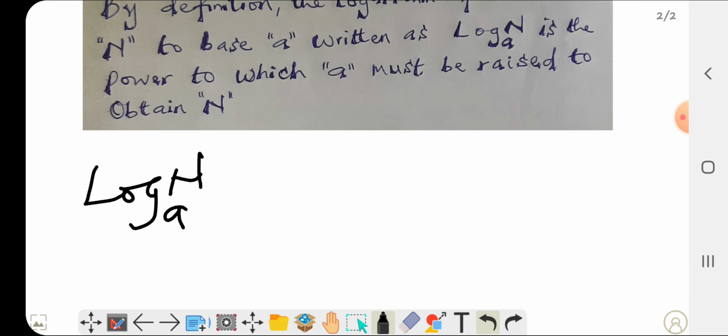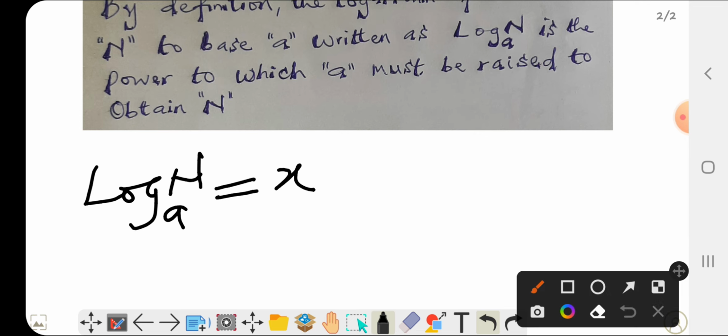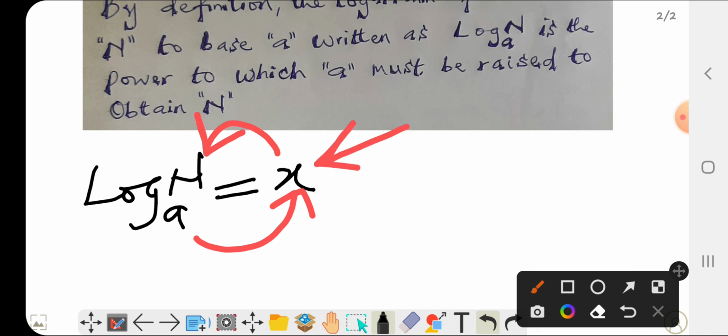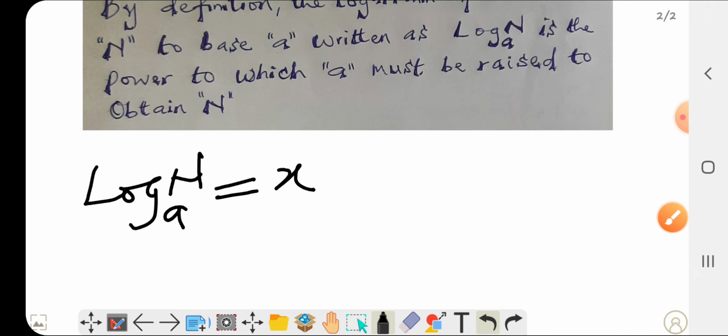Let that power be x, because we don't know it. So you're actually asking a raised to power x must give n, since you made the unknown power be x. So then you can now rewrite it as an exponential equation this way.